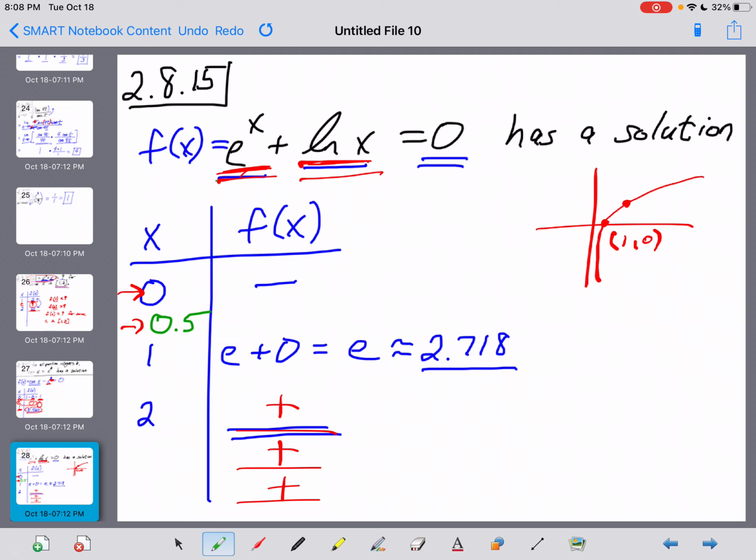Now, when I take e to the 0.5 power, remember e to the x looks like this. e to the 0.5 power is going to be a positive number right here. But the natural log of 0.5 is actually down here somewhere. That's actually a negative value. So it's possible that when I add this positive number plus this negative number, I might end up with a negative y value overall for the function.